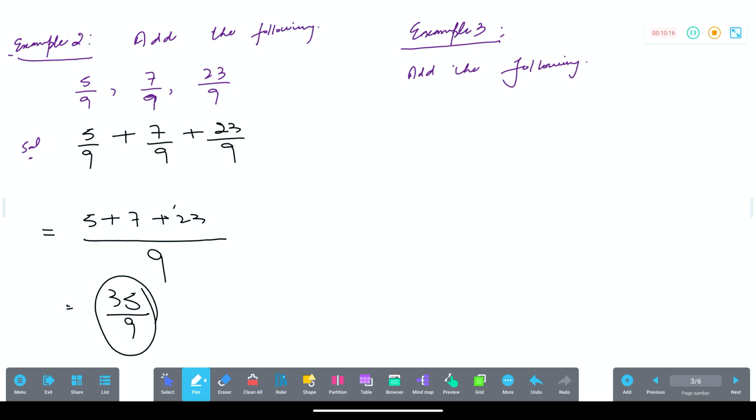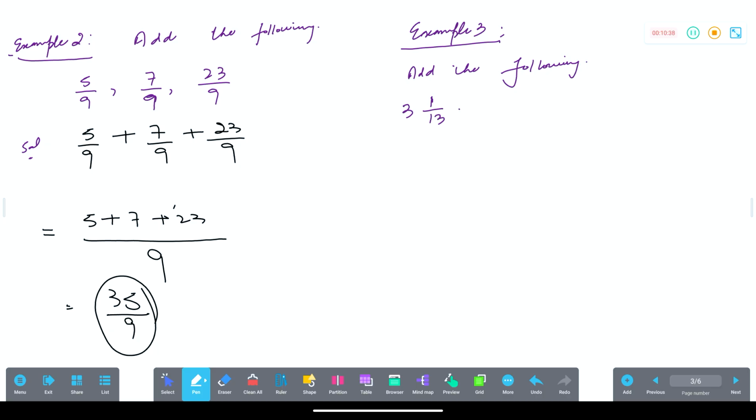I'm taking 3, 1 by 9, or let me change the denominator here. I will not write 9. 1 by 13, I am writing.